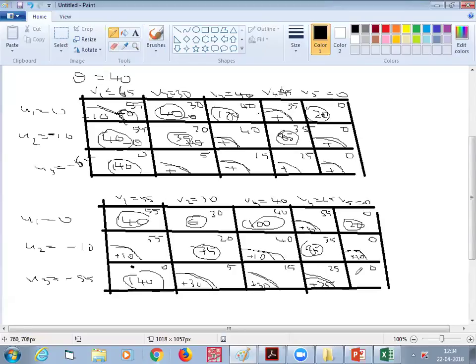And finally, 0 minus 55 minus 0 is plus 55. And so all cells have positive delta Ij, so it's optimal.